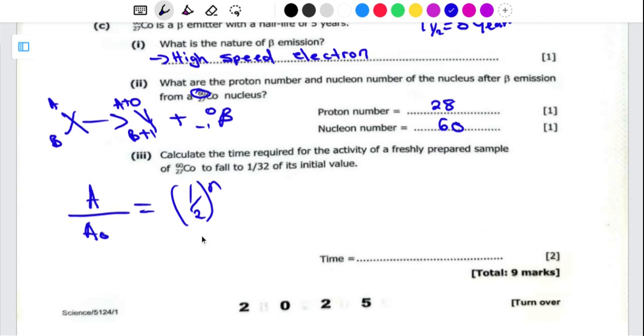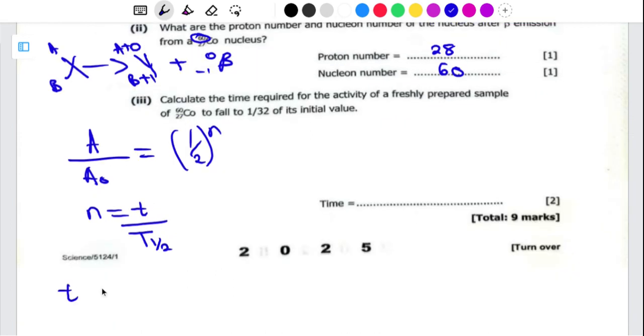Then there is also another formula: number of half-lives is equal to the time taken divided by the half-life. So time required is equal to number of half-lives multiplied by the half-life.